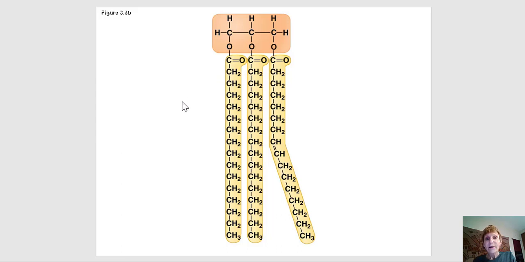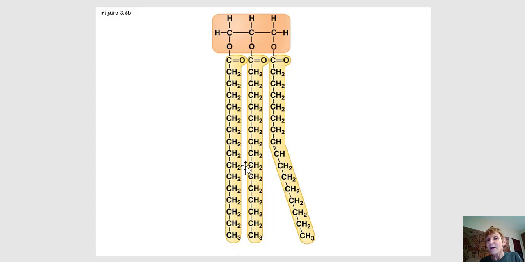Remember, carbon can make up to 4 covalent bonds. It makes 4 covalent bonds, and in this case, if it's saturated, then it's going to have hydrogen on both sides because the other 2 bonds are to the next carbons. And so that would be no double bonds, saturated with hydrogen.